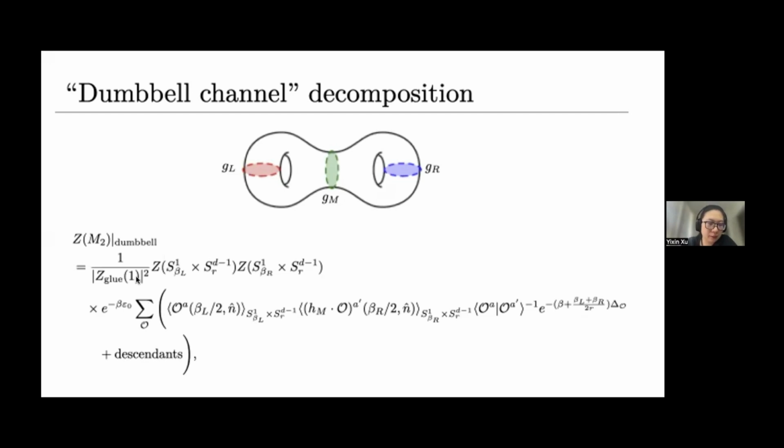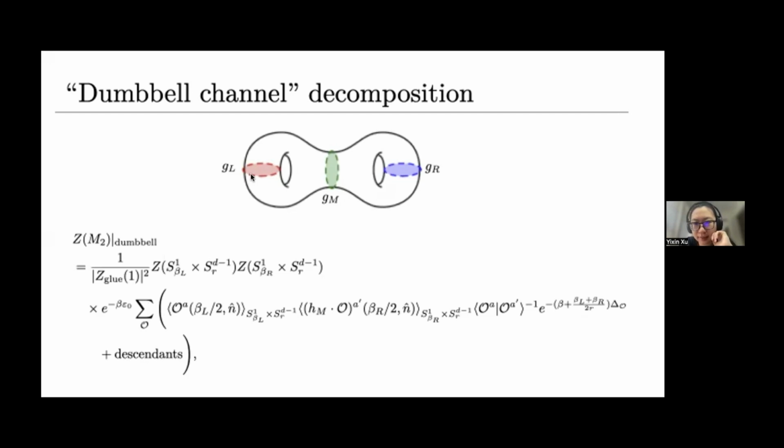But this gluing factor is not too important because in this work, we essentially focus on 3D, and in odd dimensions, there will be no Weyl anomaly, and therefore the junction factors from the dumbbell channel will essentially cancel with the junction factors from the sunrise channel.